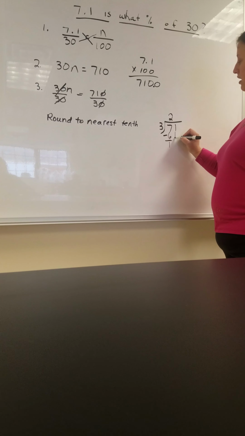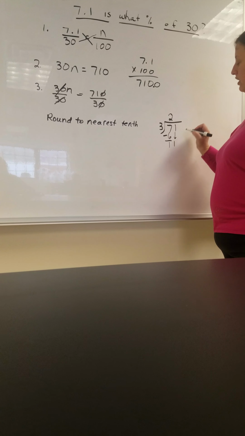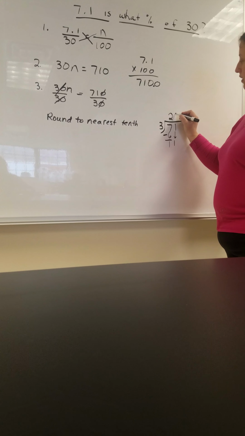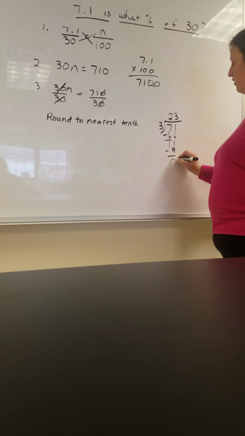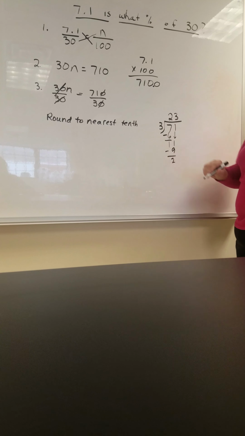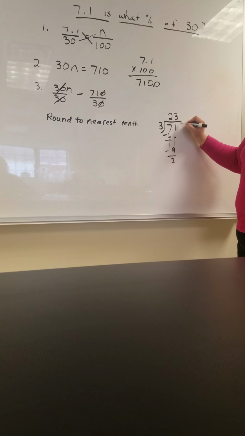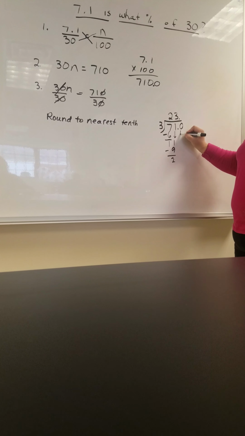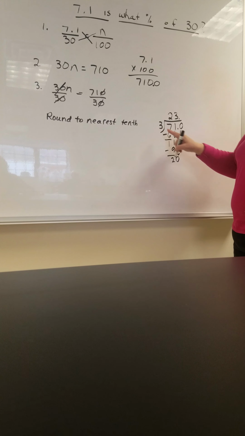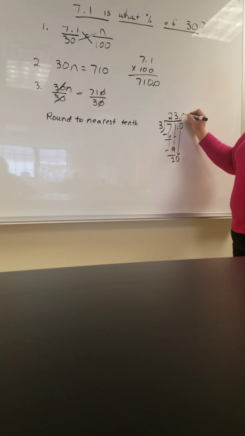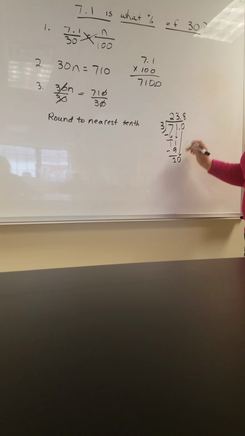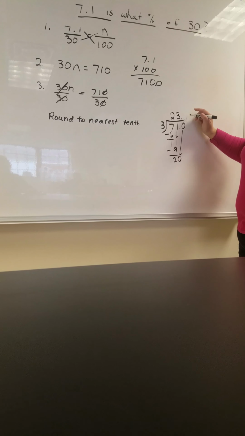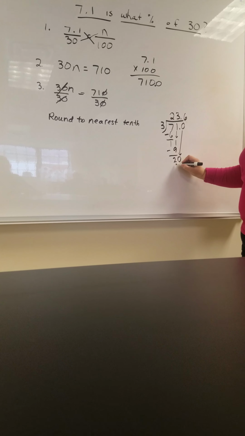Subtract to get 1, bring down the 1. 3 goes into 11 3 times. 3 times 3 is 9. Subtract to get 2. Now because we're rounding, we need to put a decimal point and a 0 and bring it down. 3 goes into 20 6 times. 6 times 3 is 18.